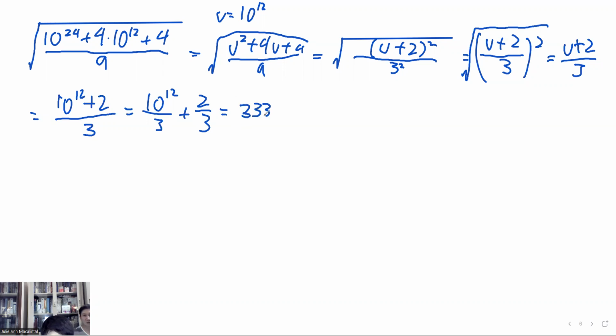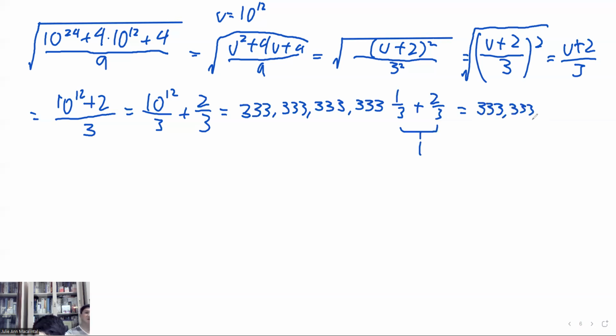So it just becomes 3, 3, 3, 3, 3, 3, 3, 3, 3, 3, 3, 3. 1/3 plus 2/3 will combine to form 1. So eventually it becomes 3, 3, 3, 3, 3, 3, 3, 3, 3, 3, 3, 4, plus 1. If only there was a copy paste. That's okay.